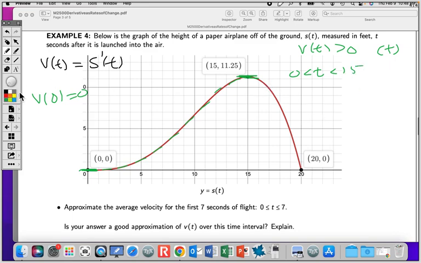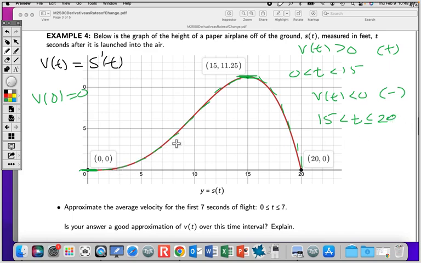Once you get past 15, the slopes are negative all the way down to and including 20. So v of t is negative between t is 15 up to and including t is 20. It's going to strike the ground with some kind of velocity.